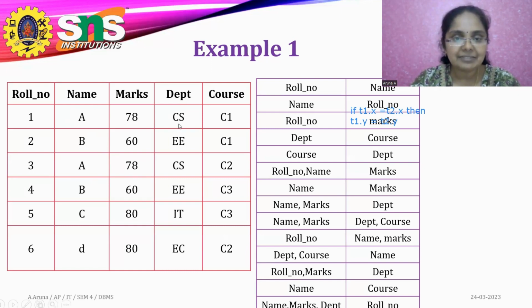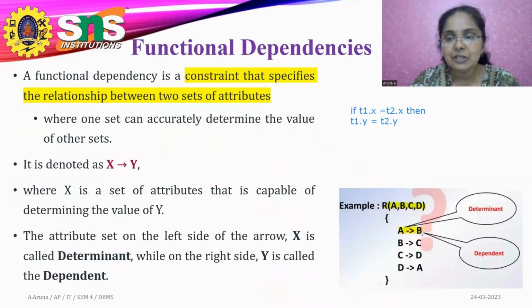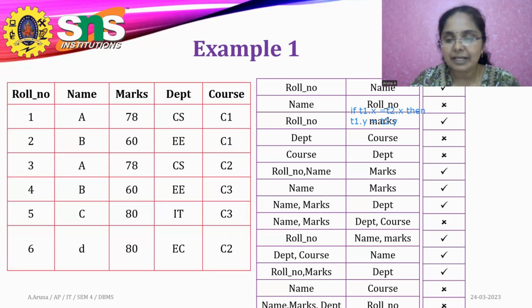While considering the y value, here the course is C1, here it is C2. Both are not equal. So we can say name, marks determining department, course is not a valid dependency.